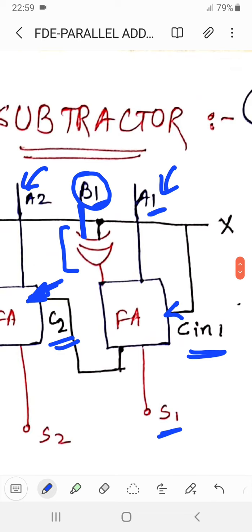This C in is the second input of the XOR gate, and the XOR operation provides the second input to this full adder circuit.